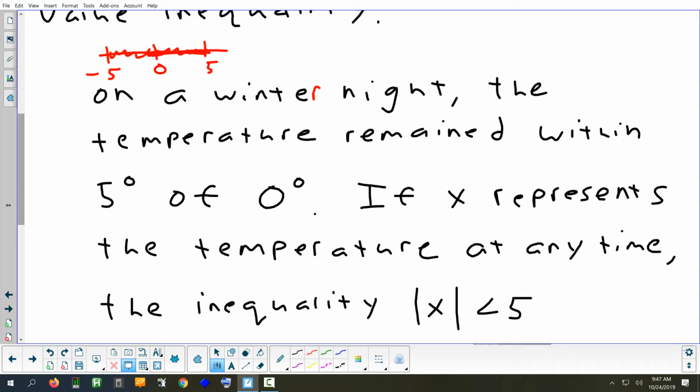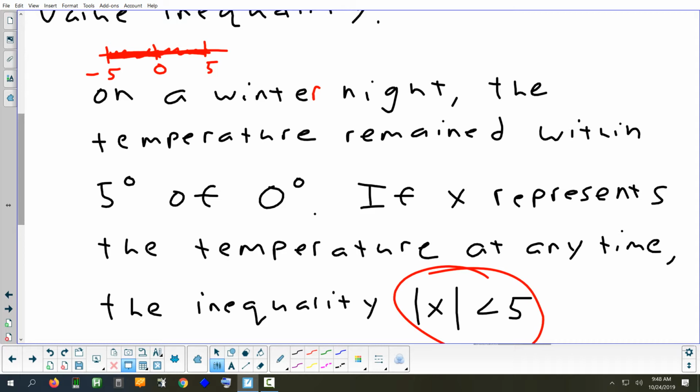And from 0 to -5, the farthest you're ever away is also 5 units. So you're never more than 5 units away on either side. Distance from 0 is exactly what absolute value is. So that's an example of an absolute value inequality that would represent this kind of problem.